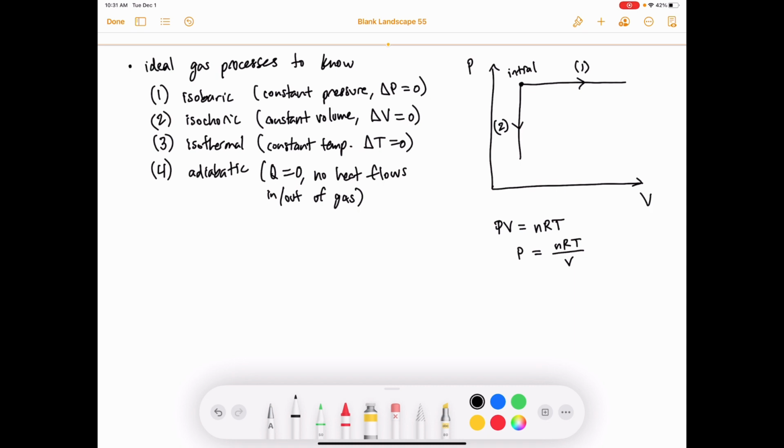In other words, the curve should be something like this, where the pressure is inversely proportional to volume. So that would be an isothermal process, number 3. Now, an adiabatic process would look kind of similar. It's a curve that slopes downwards like this, but it's even more steep than the isothermal curve. So this is number 4, adiabatic.